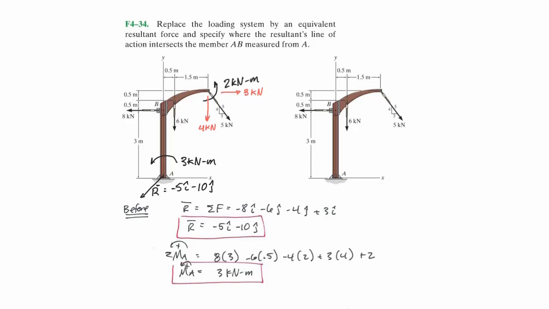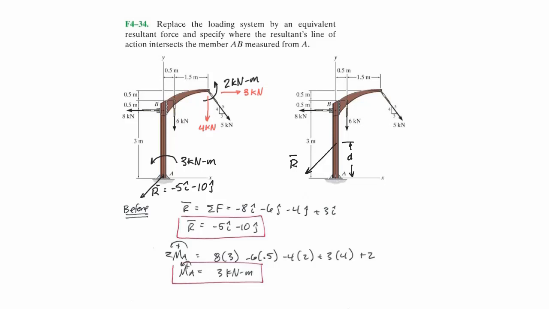What I want to do is find out, is there a place on this axis where I can apply this resultant and not have to do this and still get the same effect about point A? So I want to draw that resultant like this and see if I can find this distance d, and if I could just apply that resultant alone, can it have the same effect about point A?